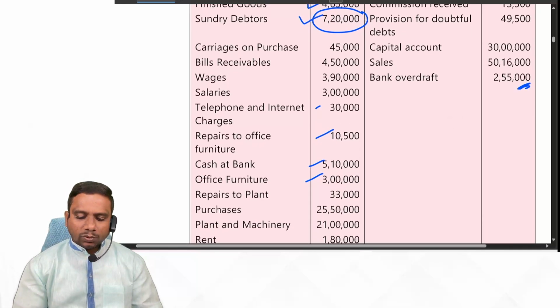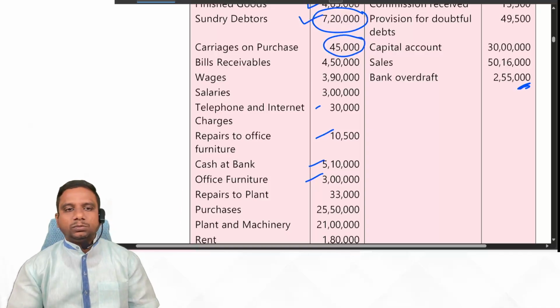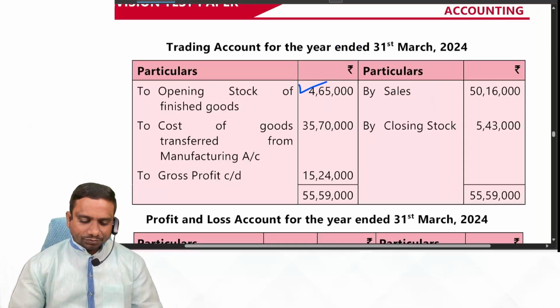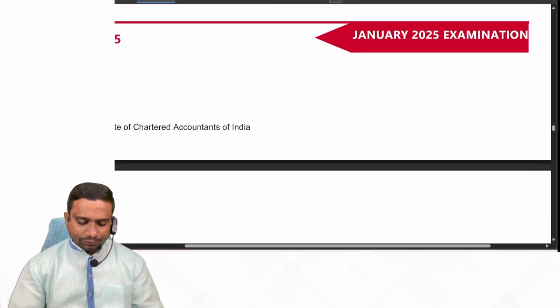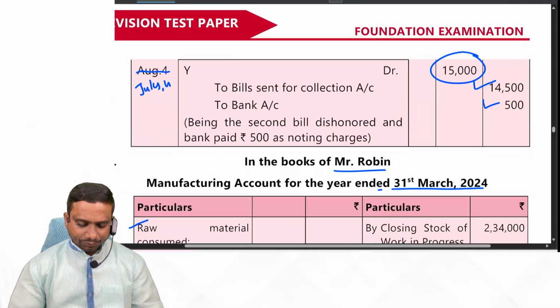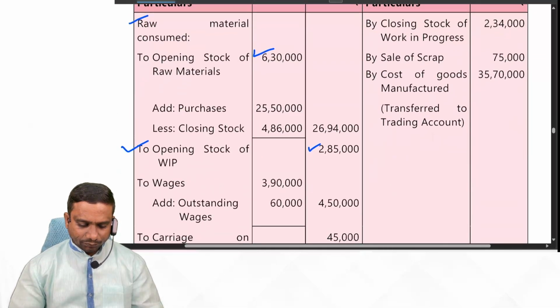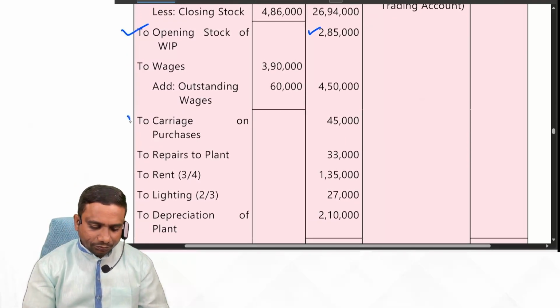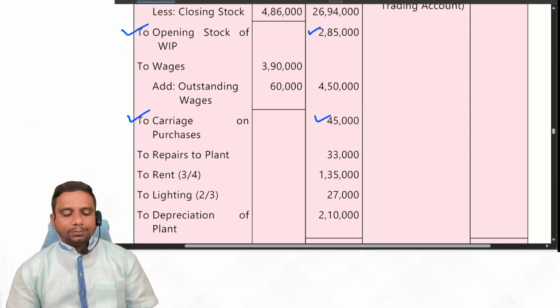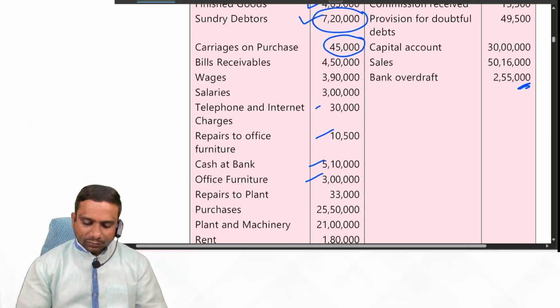Next one, carriage on purchase. It is treated as an expense relating to purchase, so debit side, 45,000. Next one, sorry, bills receivable.